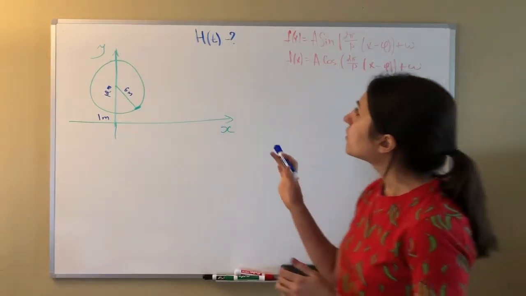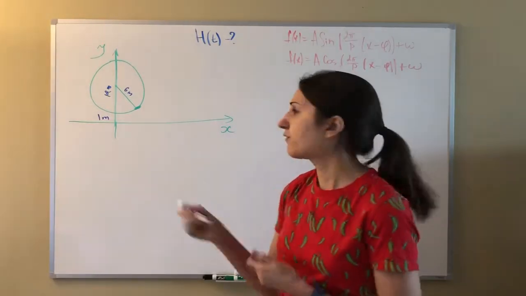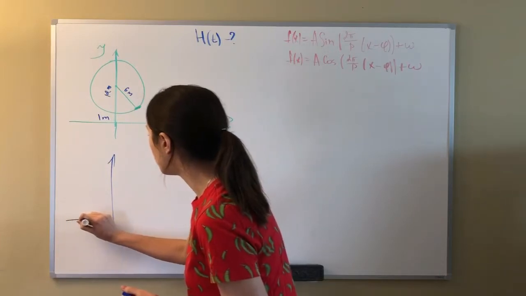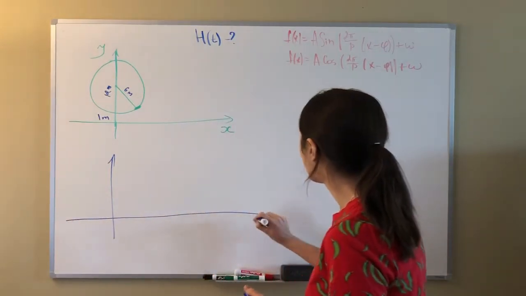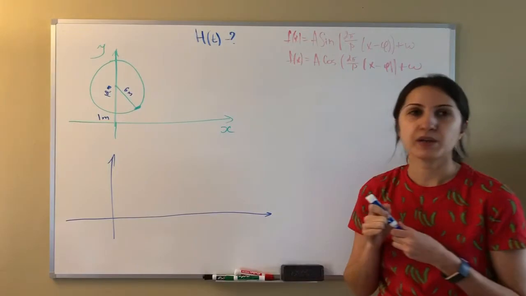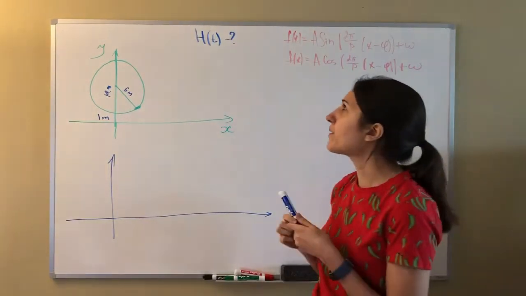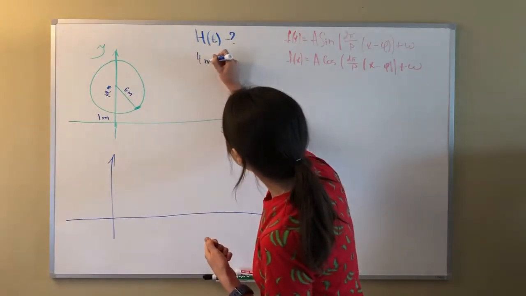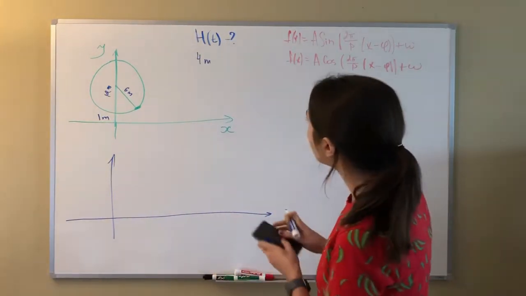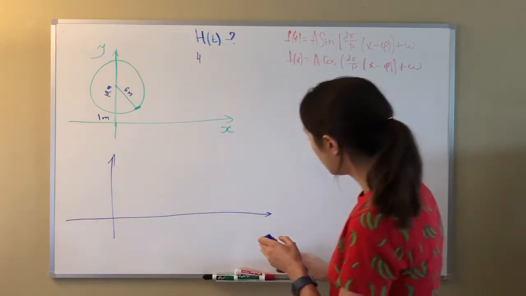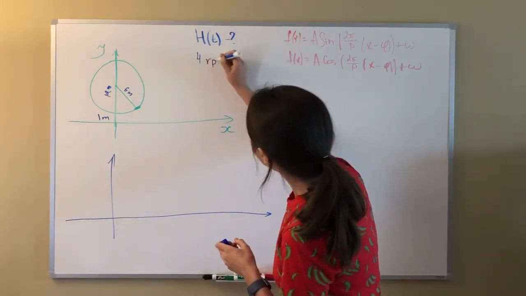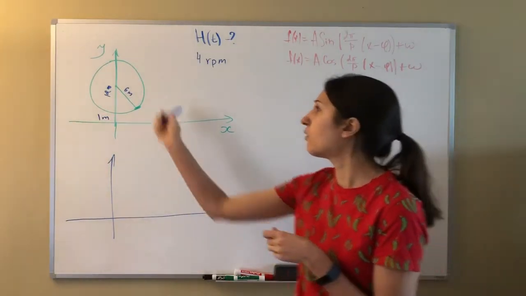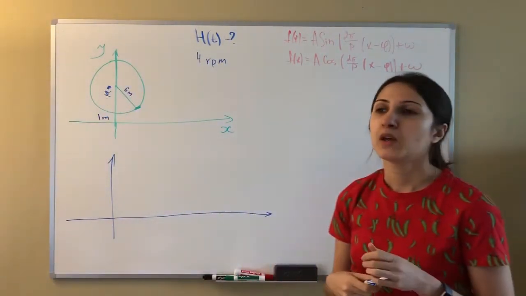Alright, so we can start by sketching the graph. So let's do that. We need to define our period. So what do we know about it? We know that the Ferris wheel does 4 revolutions per minute, so 4 full turns in 1 minute.